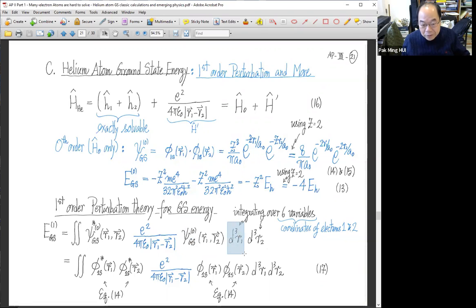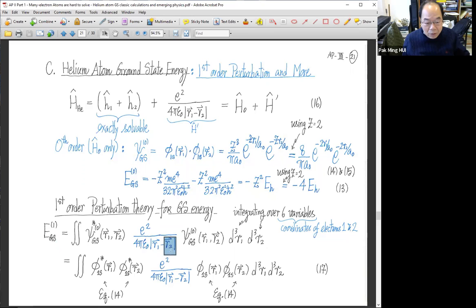Therefore, we have to integrate over x1, y1, z1 for electron number 1, and x2, y2, z2 for electron number 2. So this is a 6 variable multiple integral to do. After you do that, it is an energy. It's a number because both R1 and R2 are now integrated over.